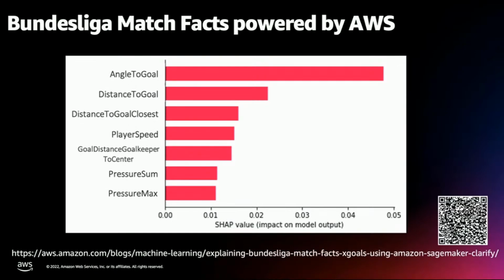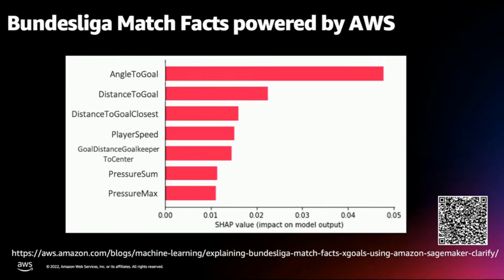So what we're seeing here is the so-called global explanation, where we just look at the model in aggregate and say that in general, the angle to goal seems to be the dominant feature that influences the ultimate prediction of a goal being scored. And of course, distance to goal is the second, and all the other ones that you see.